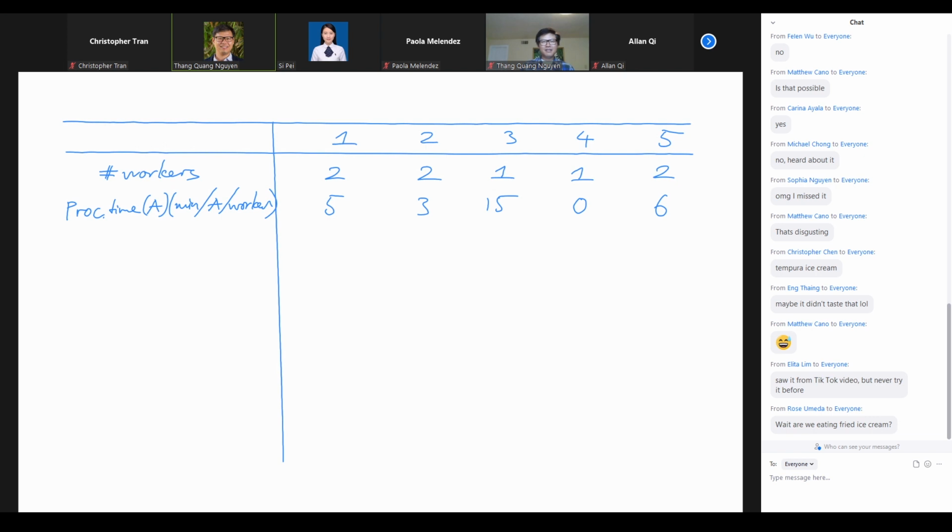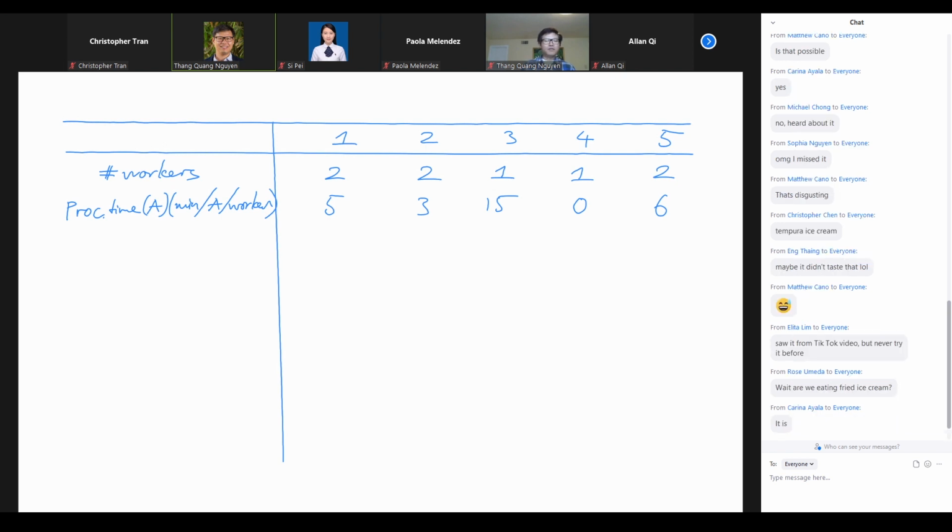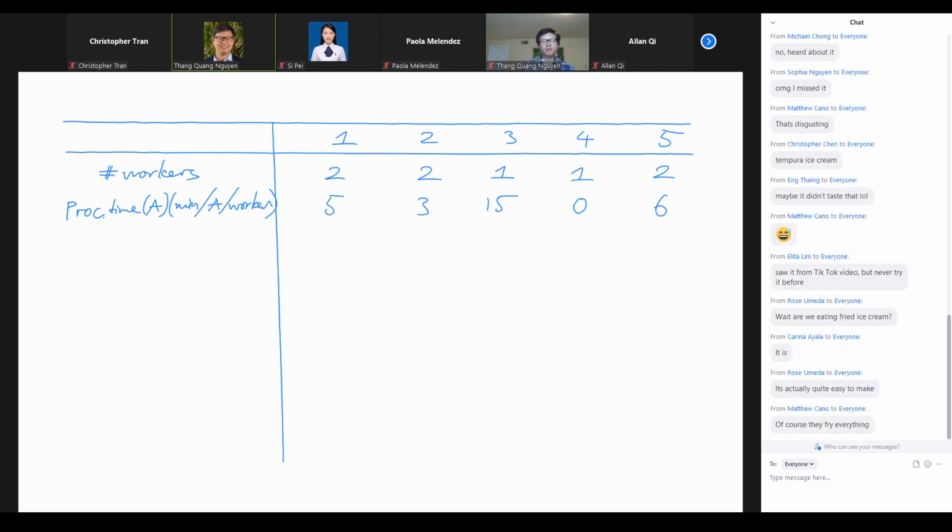Technically we fry the ice cream. You can find it at the LA Fair. I don't think the LA Fair is open this year, but next year it should open, right? If you have a chance to visit the fair, then look for it.